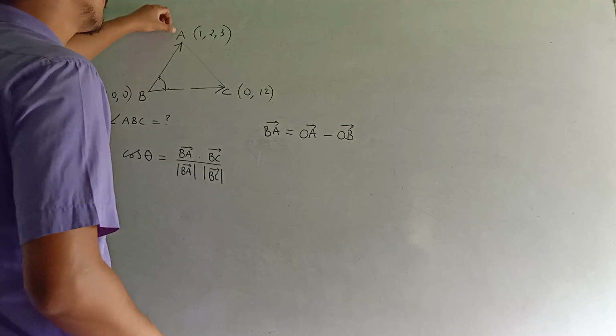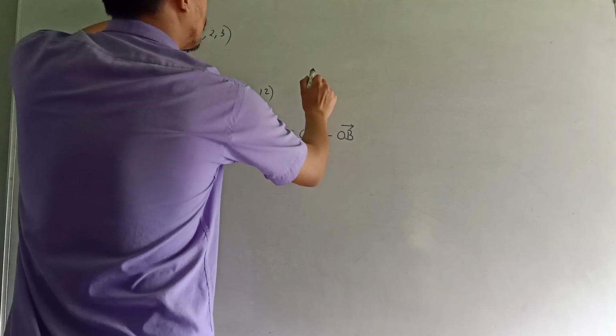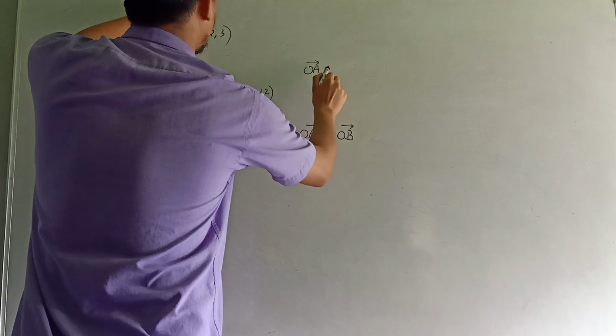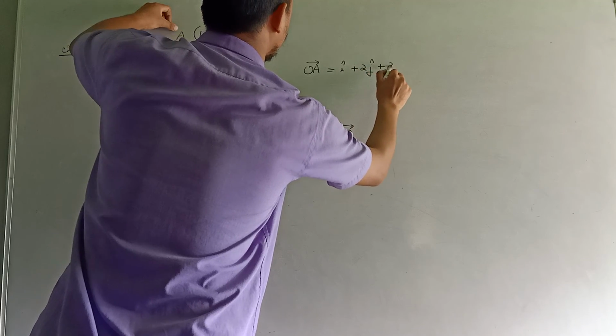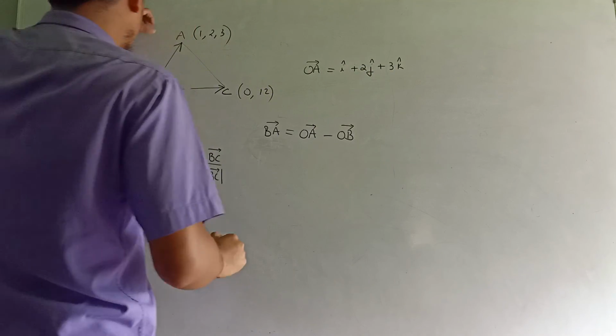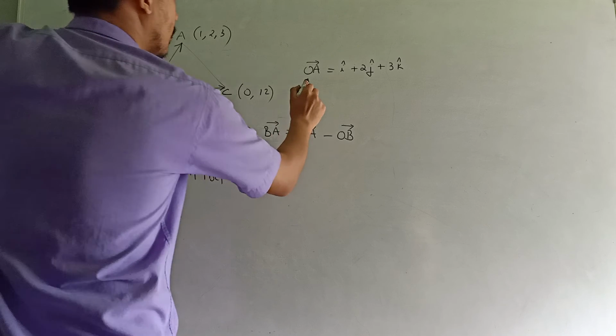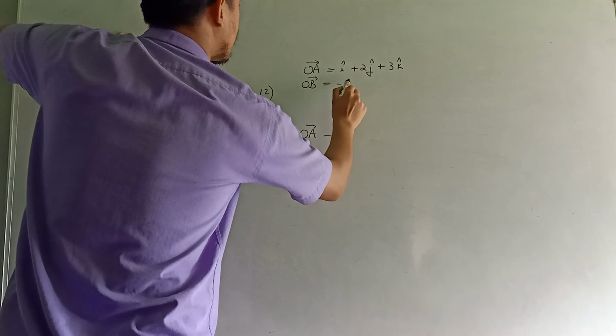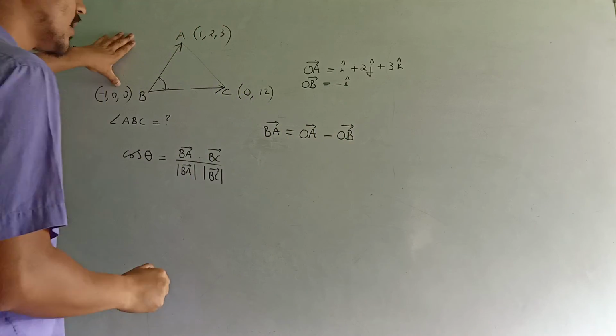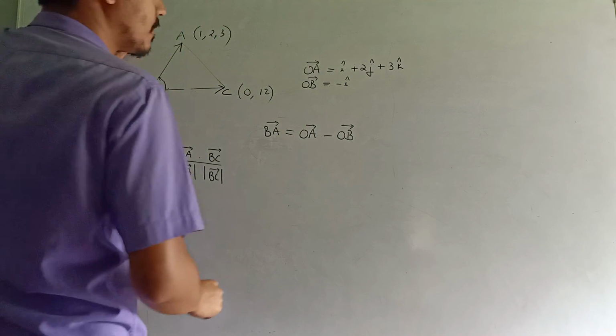And if the coordinate of A is 1, 2, 3, then the position vector of A will be i cap plus 2j cap plus 3k cap. If the coordinate of B is minus 1, 0, 0, then the position vector of B will be minus i cap plus 0 j cap plus 0 k cap.